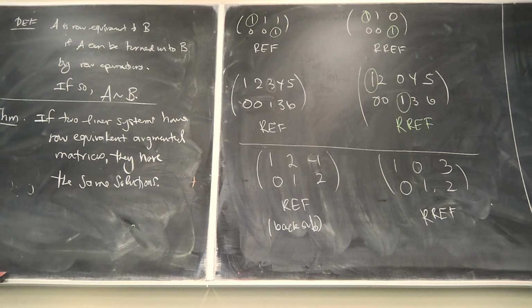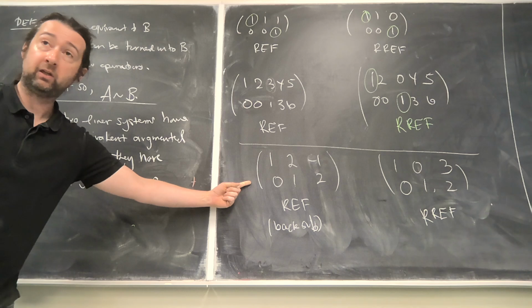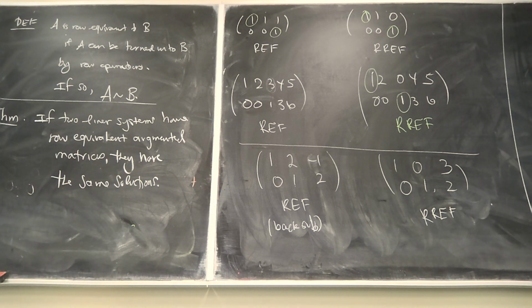And that's the heart of the question you asked. The reason we set it up this way, the justification for going back and forth, is this theorem. This says, if I start with a linear system and I write down its augmented matrix and I do row operations to it, the solutions never change.